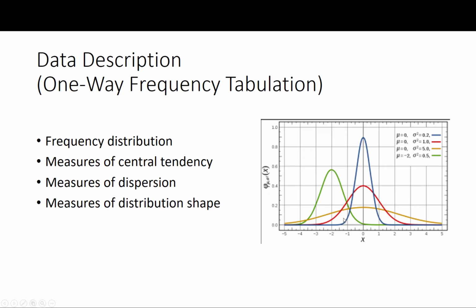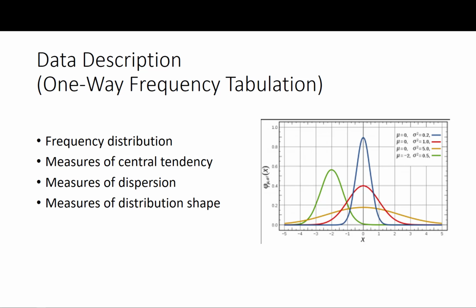Measures of central tendency is how peaky versus flat our respondents tend to sit. Are they all sitting in the middle, or are they ranged along the measurement scale?